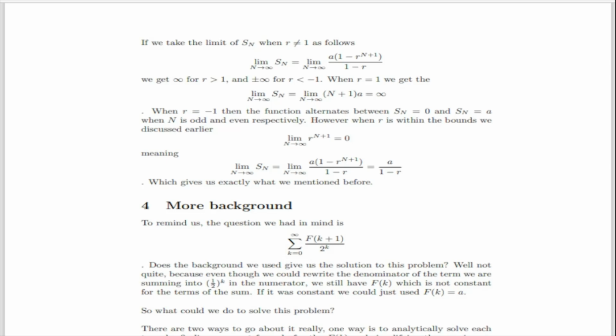And it alternates between plus and minus infinity for r less than negative 1, because it depends on whether the power is odd or even.